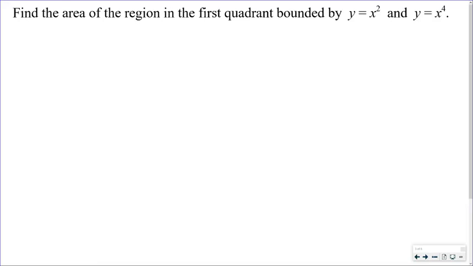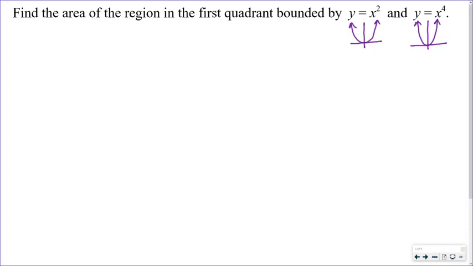Okay, find the region in the first quadrant bounded by y equals x squared and y equals x to the fourth. So when you're graphing, I think it can be useful to first figure out, where do these things intersect? Y equals x squared is a parabola, and y equals x to the fourth is a similarly shaped curve, parabola shaped, right?